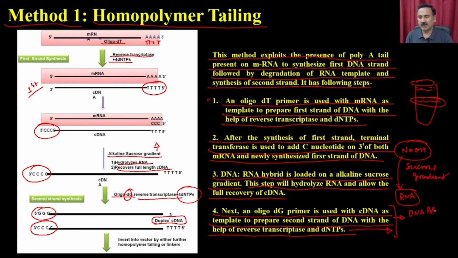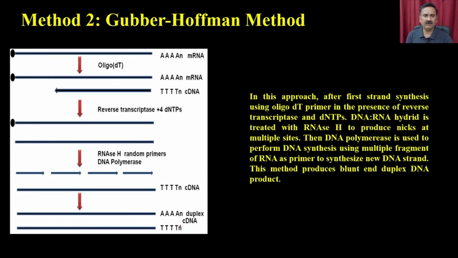You can use the RNA polymerase as well, with the dG primers. So, either of those can work and will give you the full length double stranded cDNA, and that can further be inserted into the vector either by the homopolymer tailing or by the linkers. Then you have method 2. Method 2 is called the Gubler-Hoffman method.